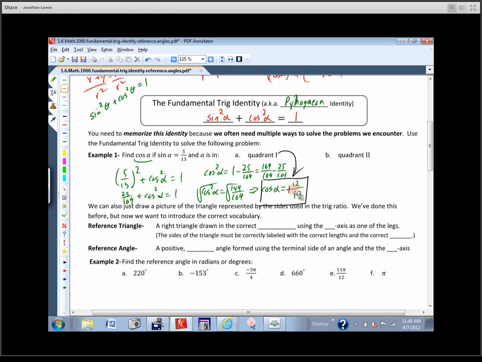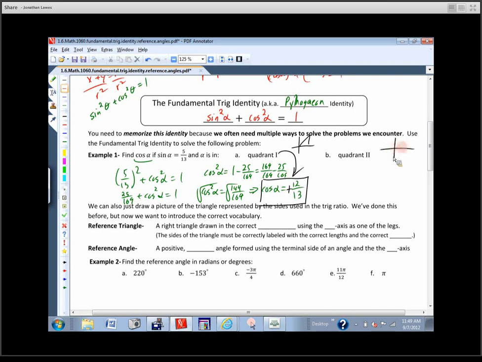Okay, now the cool thing about this is, what if it's in quadrant 2? Don't answer out loud. Just think about this for a second. If we're in quadrant 1, both the x-coordinate or the cosine of the angle is going to be positive and the y-coordinate is positive. They're both going to be positive.